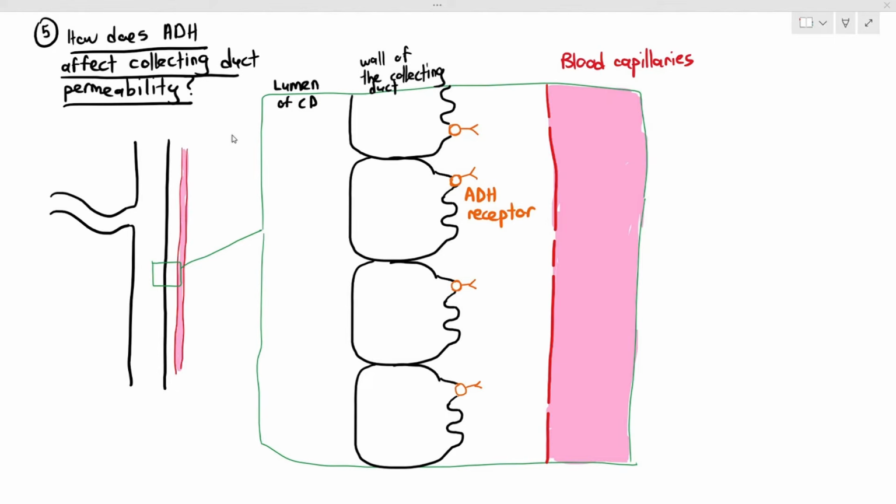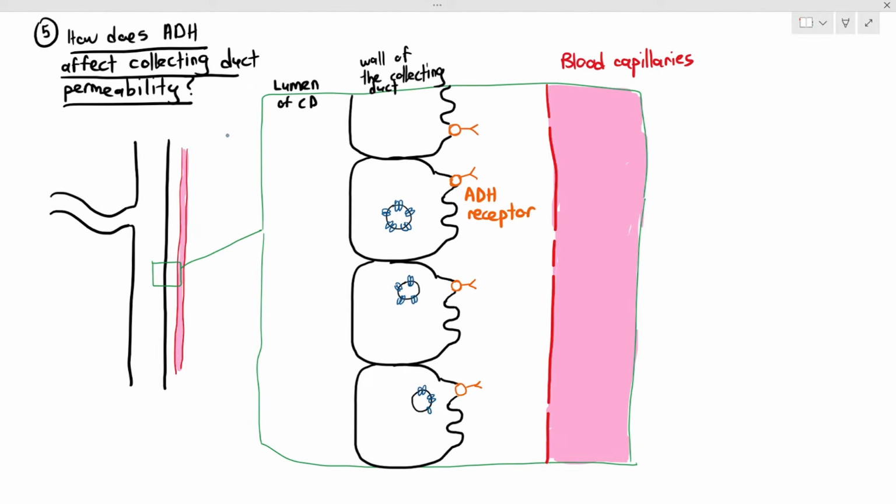So, you'll notice there's something inside the collecting duct cells that I'm drawing, and those are vesicles. But here's where it's very weird. Normally, there are substances inside the vesicle, correct? For example, digestive enzymes or antibodies or neurotransmitters.